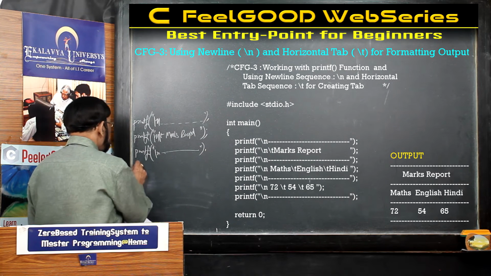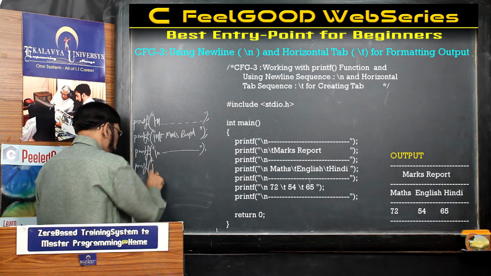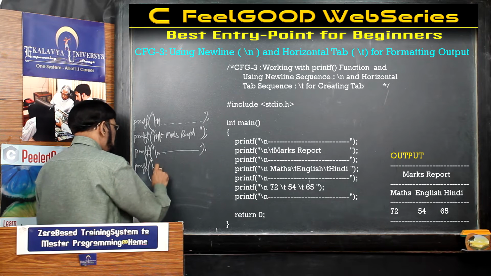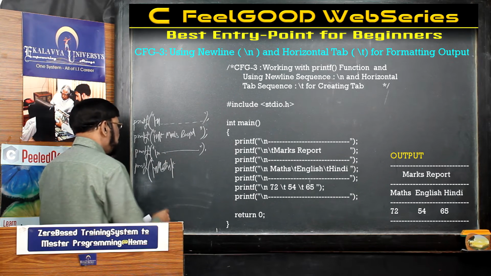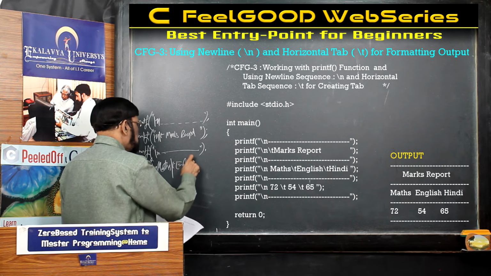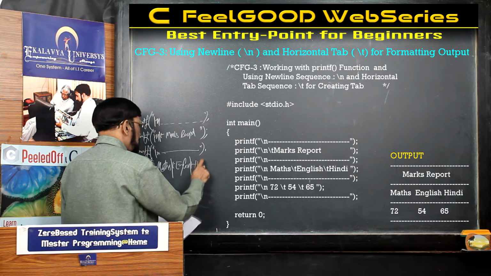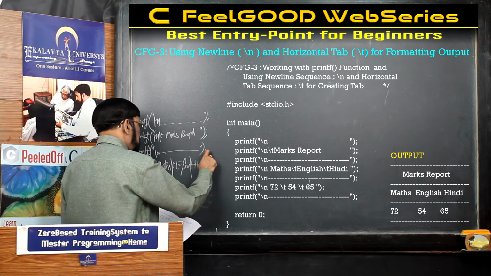Thereafter, now you see printf, new line, thereafter Maths. Now you are expecting tab, Maths, thereafter English, thereafter horizontal tab, thereafter Hindi. Okay, now the string is over.